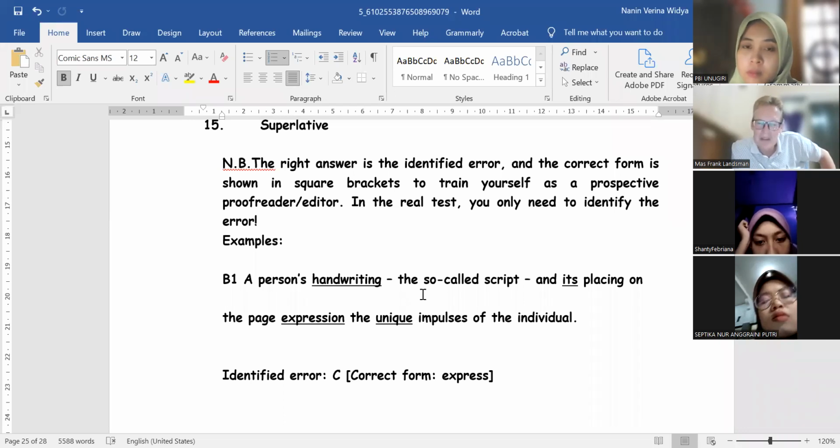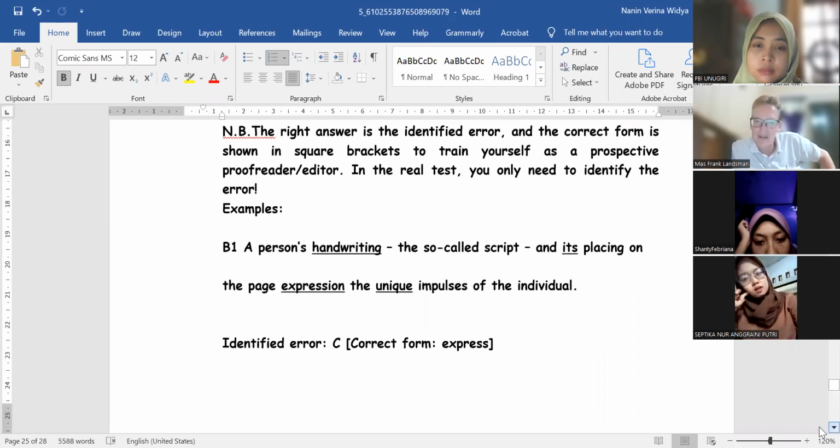So here the text is about this. Word form, the person's handwriting, the so-called script, tapi bukan skripsi, ya, and its placing on the page expression the unique impulses of the individual.